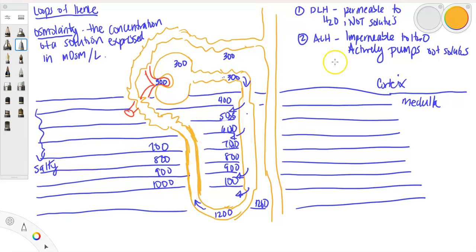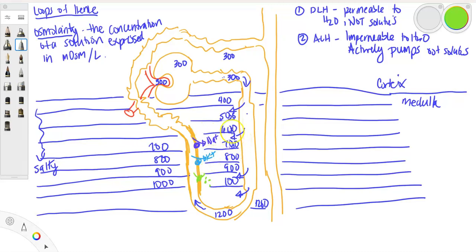It cannot leave. But on top of that, it also has these pumps that are pumping out solutes. So it's pumping out these solutes and not letting water out.